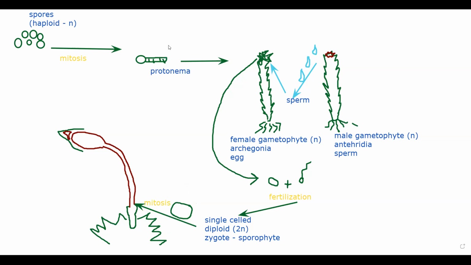The mature sporophyte is this whole structure. And I'll just remind you here that it is a diploid.